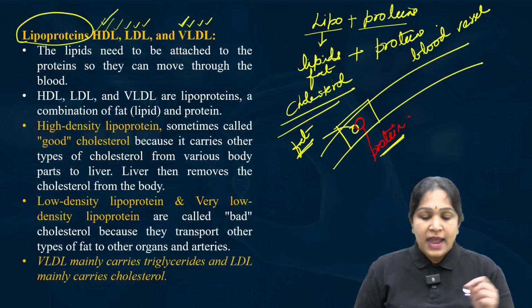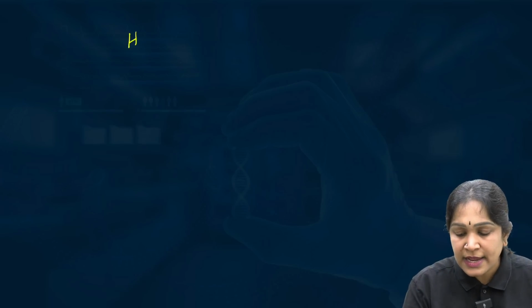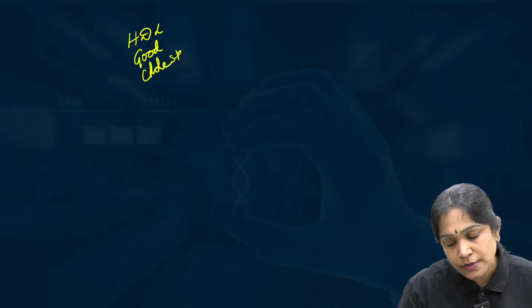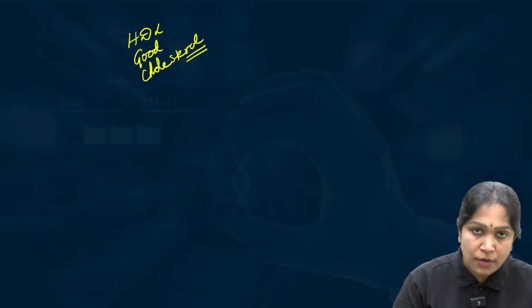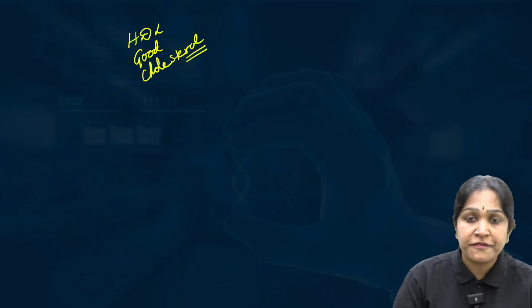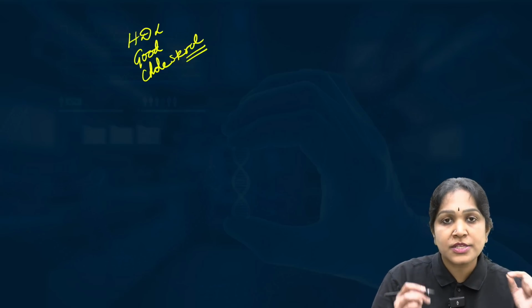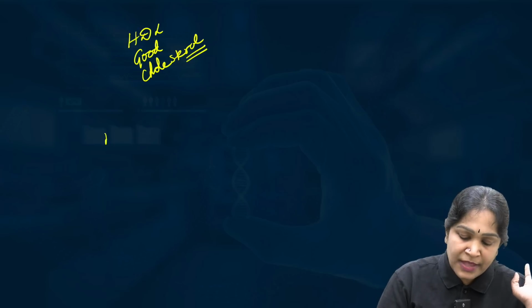And out of these, we call the HDLs, that is high density lipoproteins, good cholesterol. So what is good cholesterol? The cholesterol which is in the form of HDL is called good cholesterol.